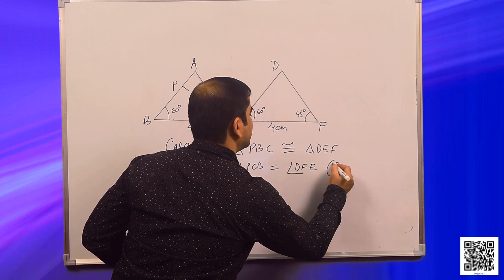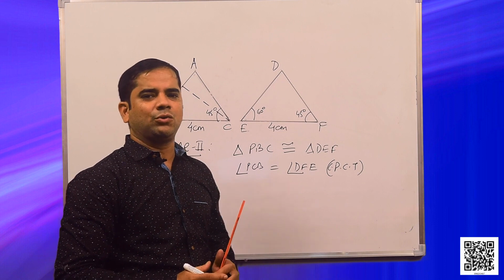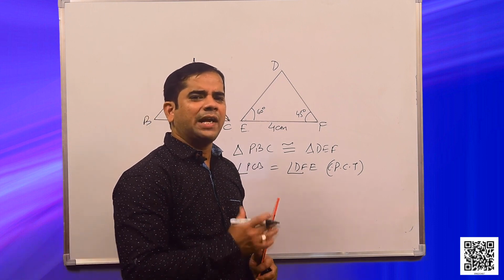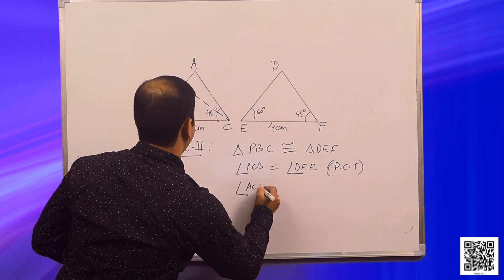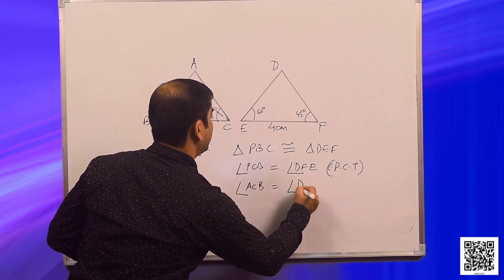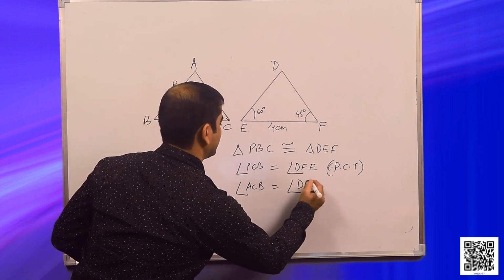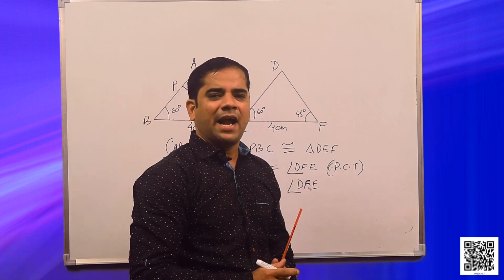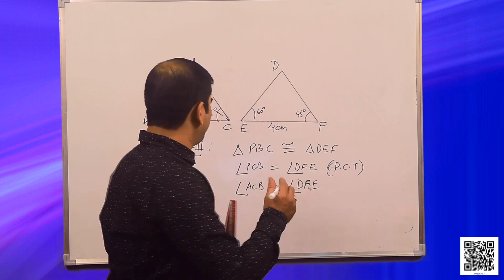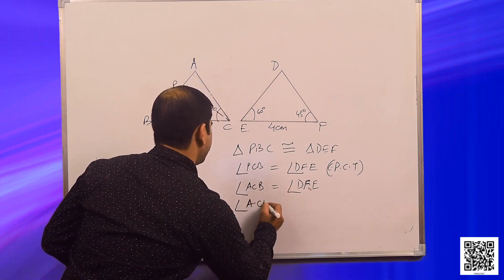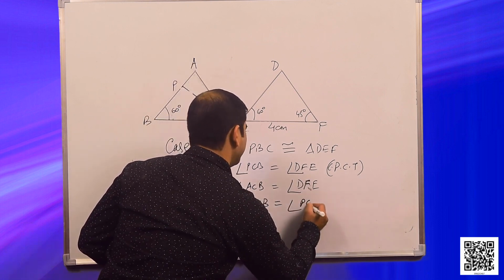Why? CPCT. Fine. Angle PCB is equal to angle DFE. But what is given? Angle ACB is equal to angle DFE. It is given that angle ACB is equal to angle DFE. That means angle ACB is equal to angle PCB.